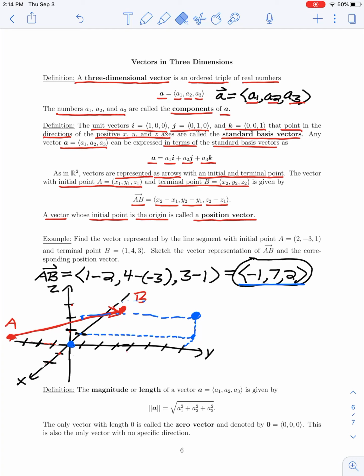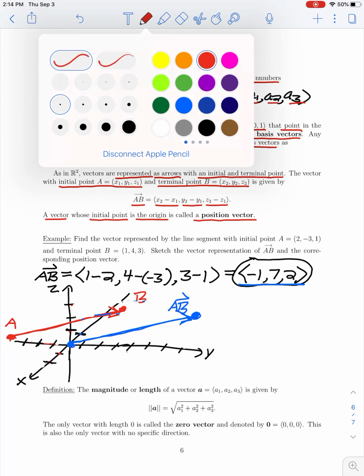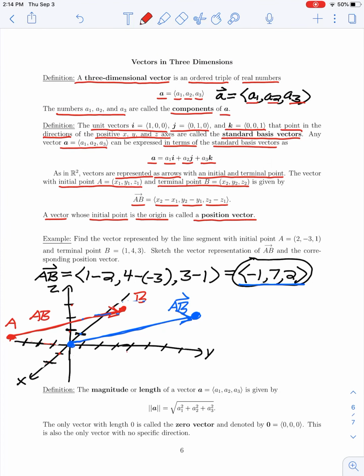So again, before I draw in my arrow, let me clean up my figure just a bit. So the position vector corresponding to this vector from A to B would be the same vector, but such that its initial position is at the origin. But these are both representations of the same vector whose initial point is A and terminal point is B. So these two vectors are equivalent.